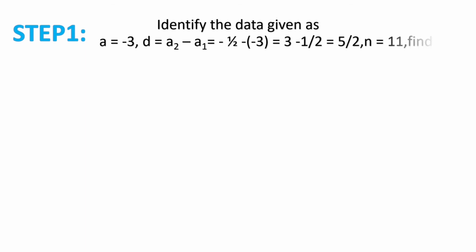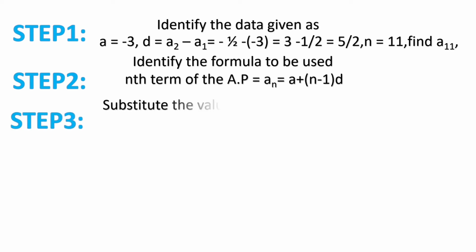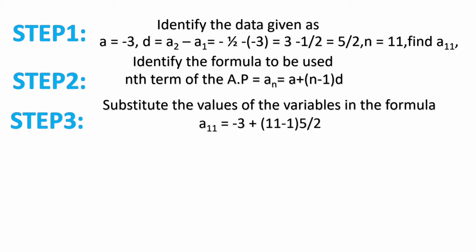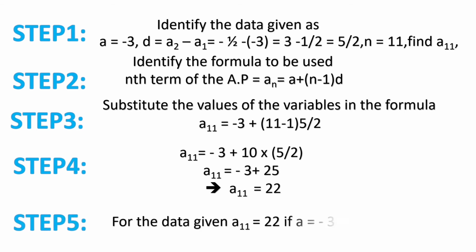Now coming on to the next one, we have A is equal to minus 3 and we need to find the value of the common difference by subtracting the first term from the second term. That is, minus half minus of minus 3 will give you 3 minus half, which is equal to 5 by 2. Now you need to find the value of the 11th term, that is A11, because n is given as 11 here.